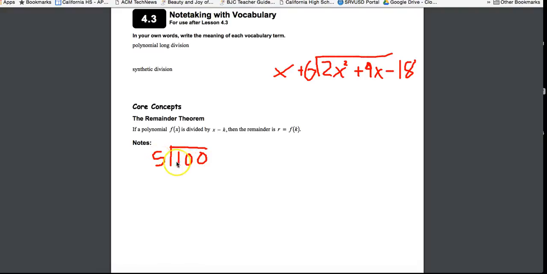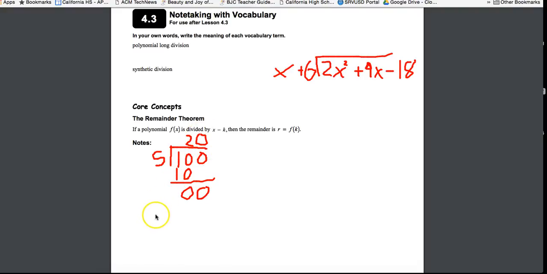So how many times can 5 go into 10? Well, it goes in twice. Then you do 2 times 5, which gives you 10. 10 minus 10 is 0. You bring down 0, and 5 can go into that 0 times. So you get that 5 can go into 100 20 times. In this one, there's no remainder.